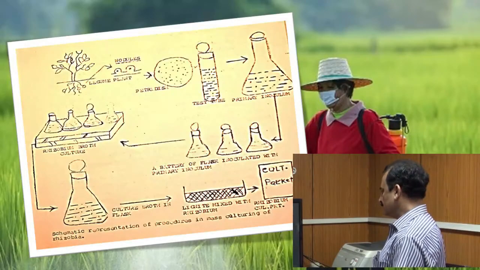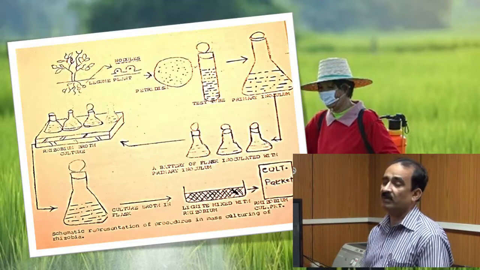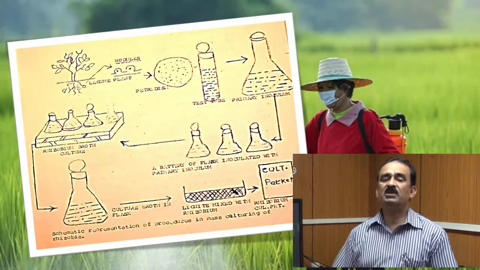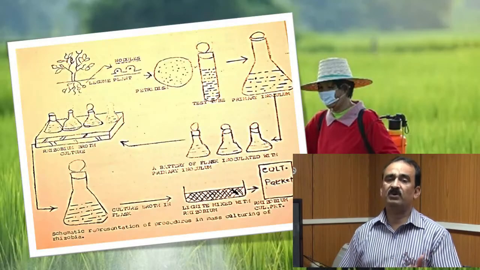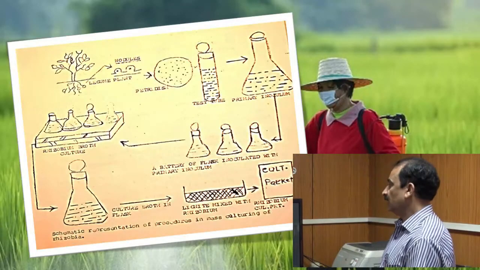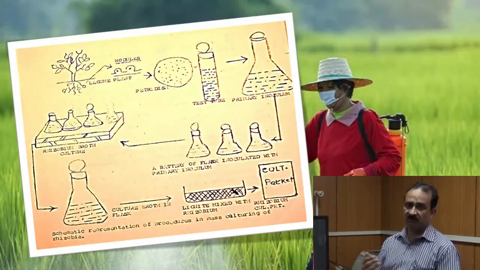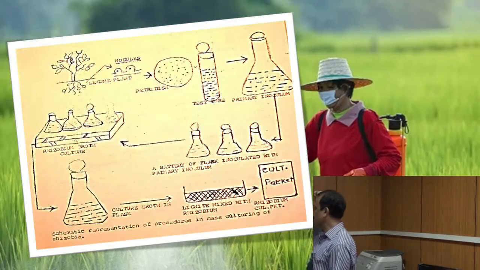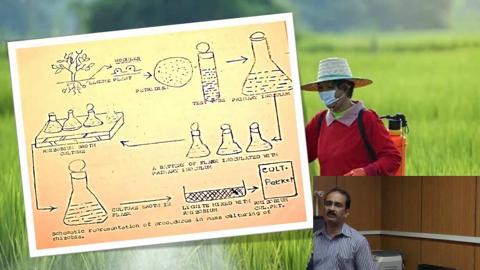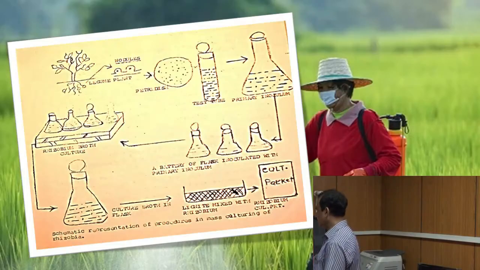These are the systematic diagram of how to multiply the microbial inoculants if you go for the multiplication or production of the biofertilizer. What are the steps involved in this multiplication? First, you isolate the root nodule from the leguminous plant or oilseed plants or any other plants.